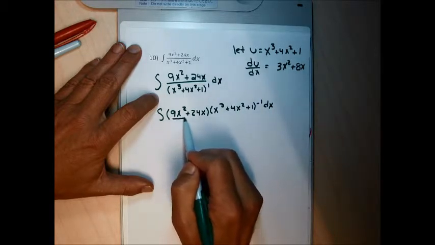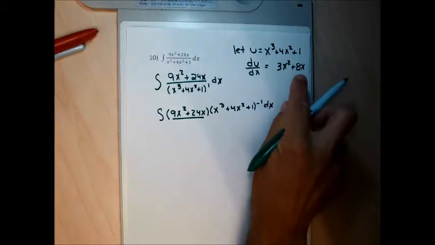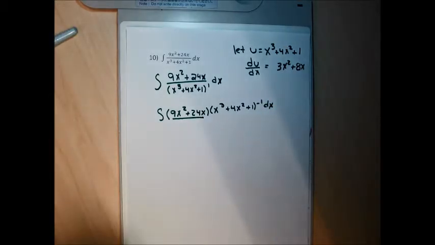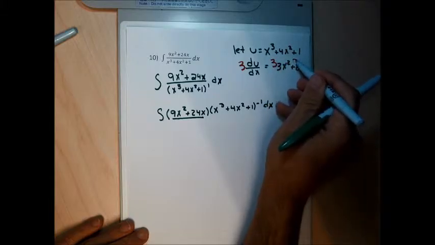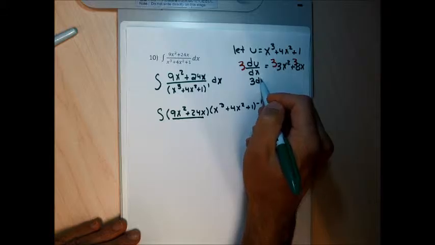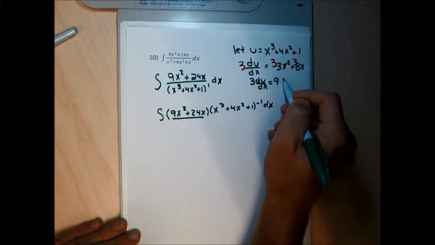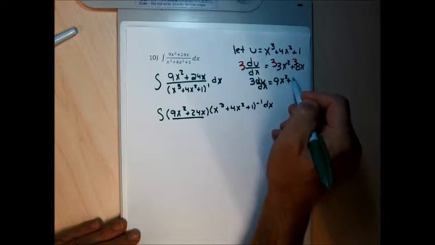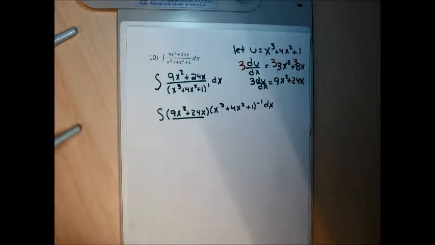I'm going to want to replace a 9x squared plus 24x with my du dx. I have a 3x squared plus 8x. If I multiply everything by 3, I get 3 du dx equals 9x squared plus 24x. I'm going to do two substitutions at once rather than doing them separately like I have been doing.